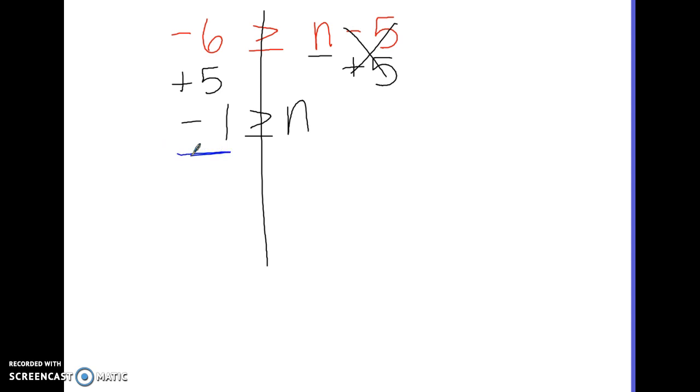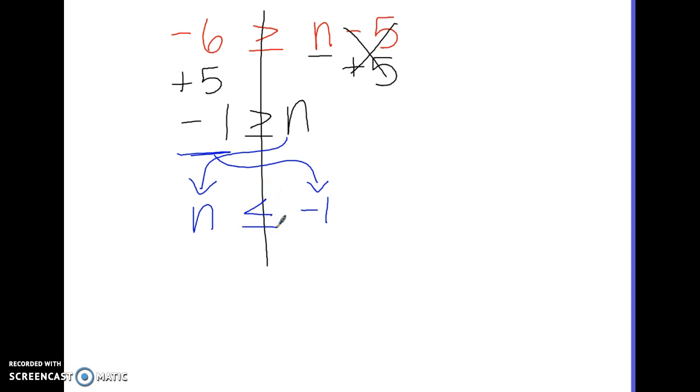So I'm going to switch around my number and n. When I switch my number and n on opposite sides, I also have to switch my inequality. So it goes from being a greater than or equal to, to a less than or equal to.